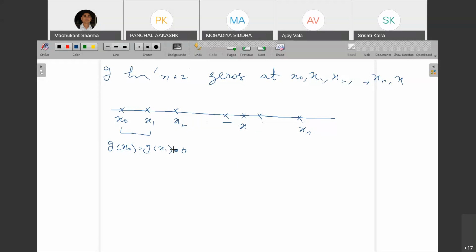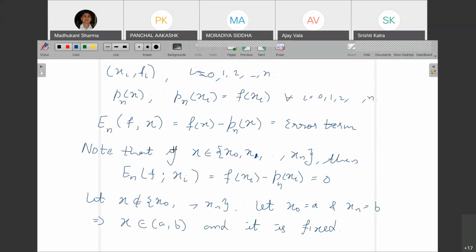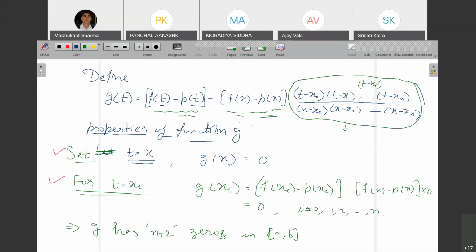If you go back and check the definition of g: f is continuous, p is continuous, so the difference of two continuous functions is continuous. Also, f of x minus p of x is a number because x is fixed.